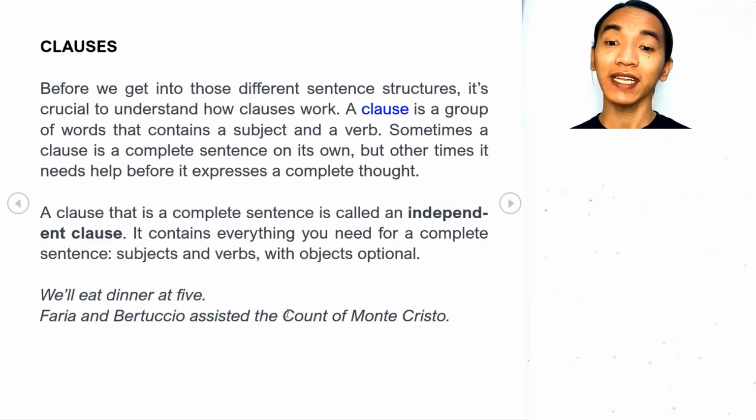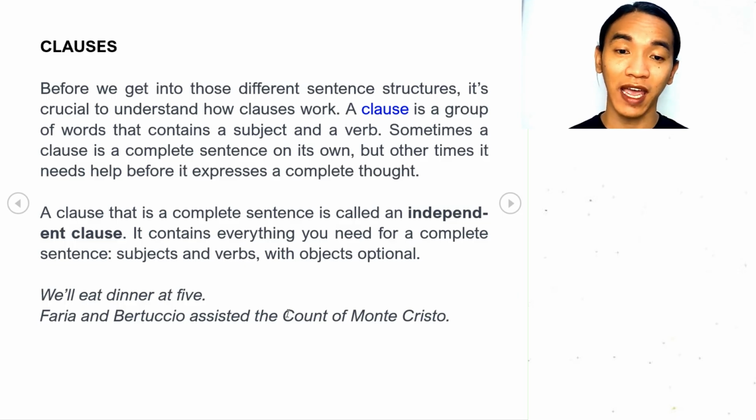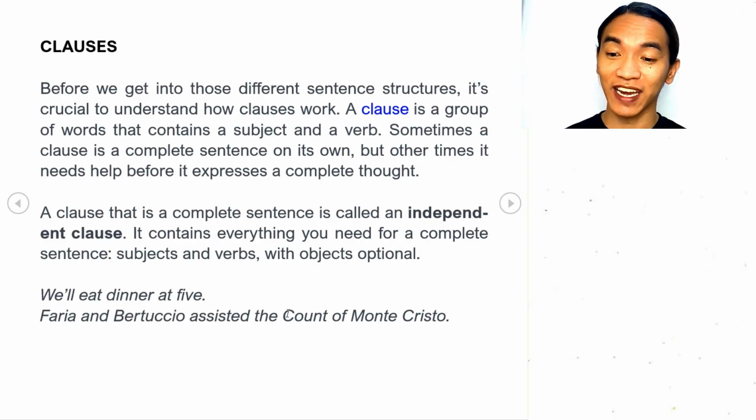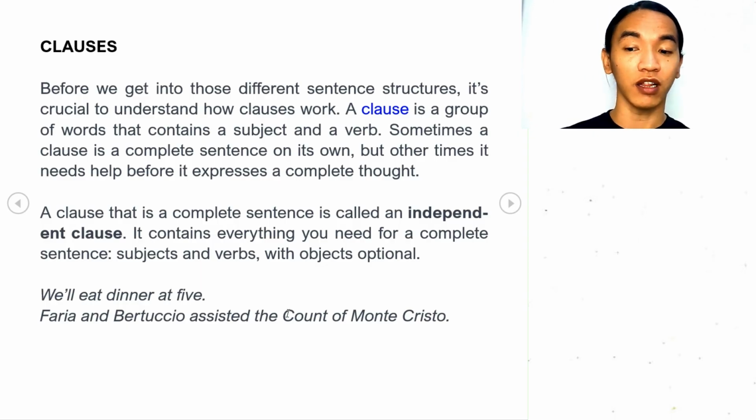We completely understand this sentence, and it doesn't need more information to complete its meaning. Therefore, this is what we call an independent clause. Next example: Faria and Bertuccio assisted the Count of Monte Cristo. Now we totally understand the meaning of this sentence, so it is considered an independent clause.